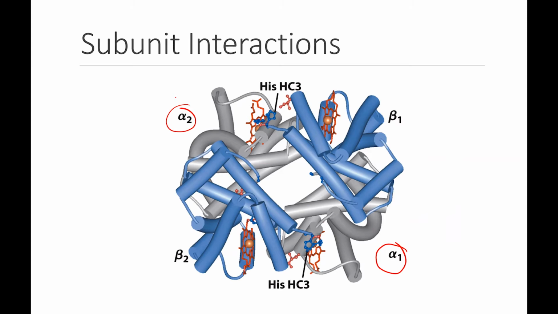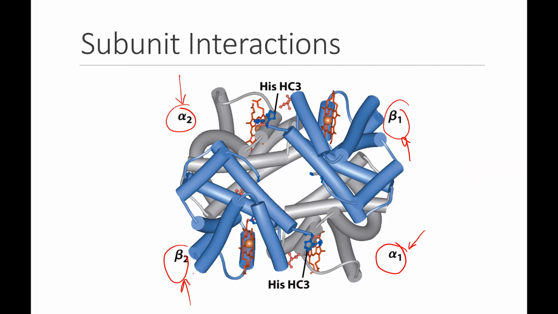These are separate peptides, remember, separate peptide chains that have folded into a quaternary structure. There's alpha 1, which has essentially the same structure as alpha 2. And then beta 1, which has the same structure as beta 2. And the alpha and beta are different from each other.